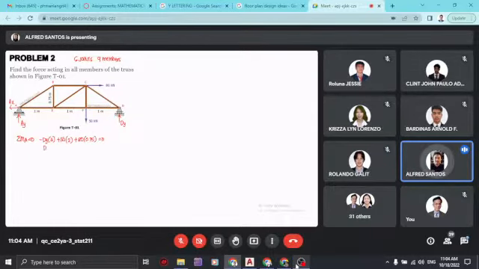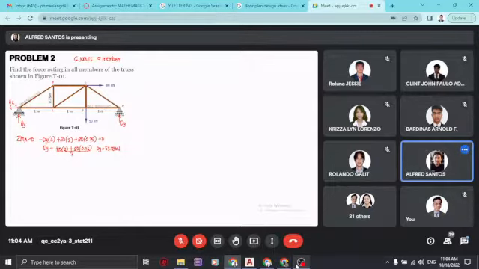Siya yung lipat ko sa kabilang side para maging positive. Then Dy equals 50 times 2 plus 80 times 0.75 over 3. So this is your Dy, 160 over 3, so this is 53.33.